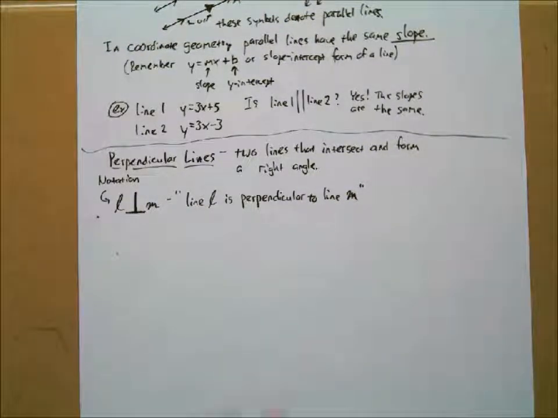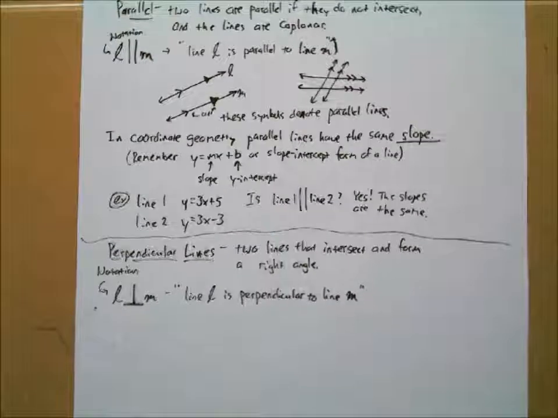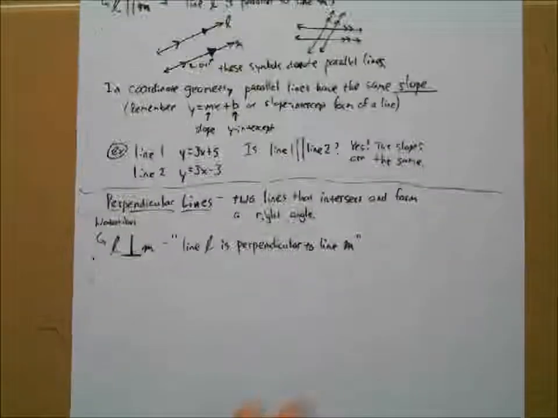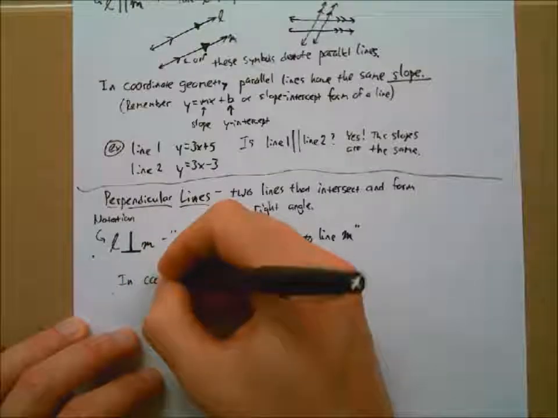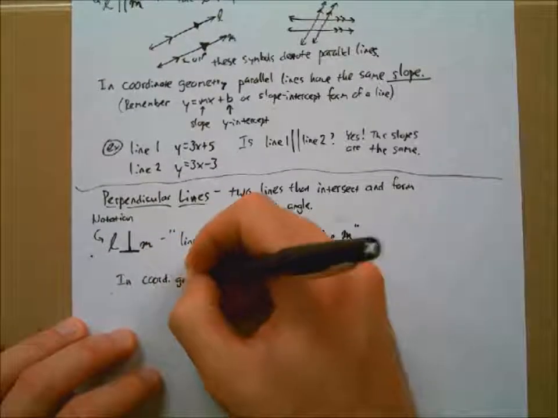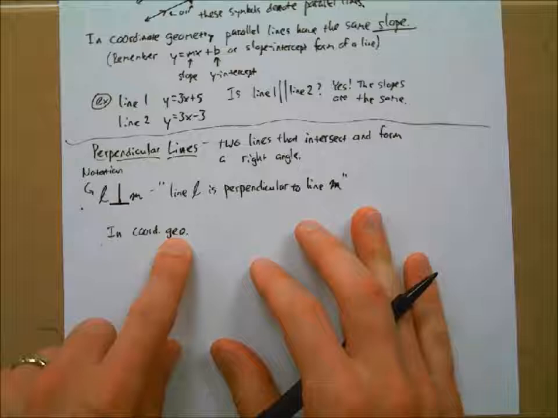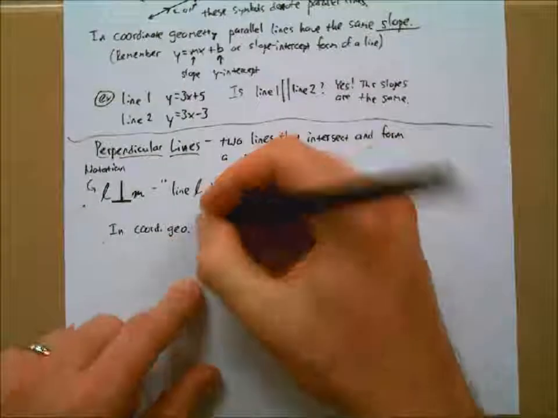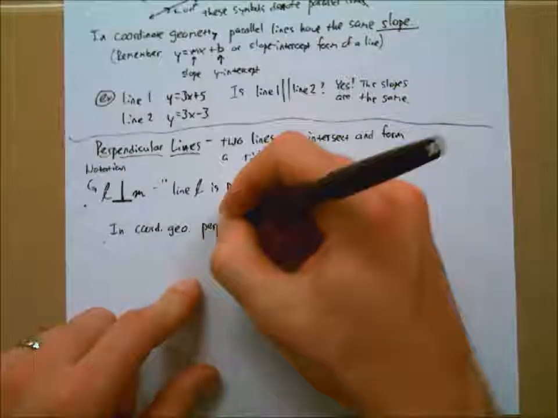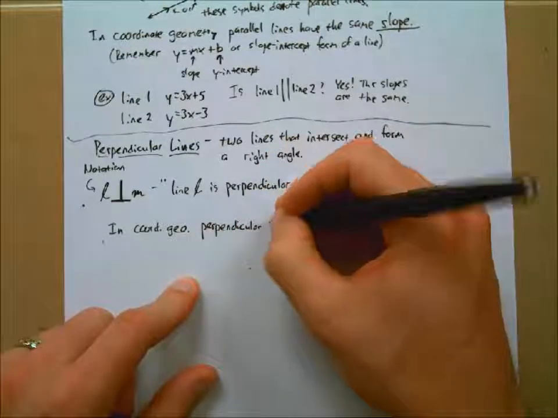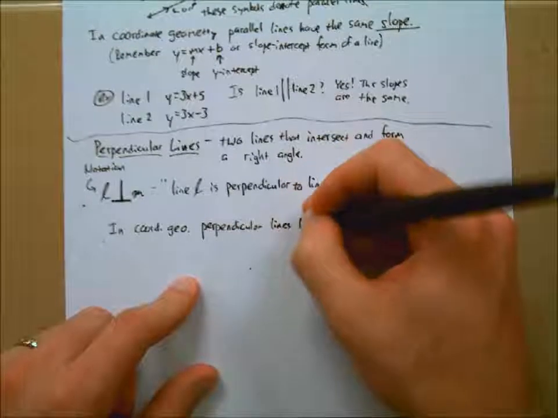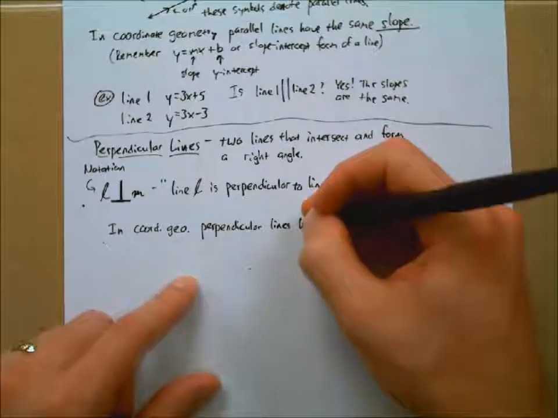Okay, so in coordinate geometry, we said parallel lines have the same slope. So in coordinate geometry, perpendicular lines have, and then how are their slopes related?